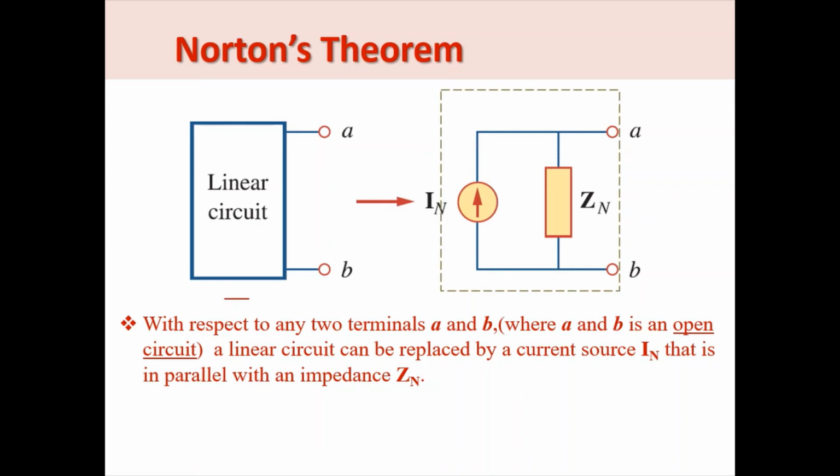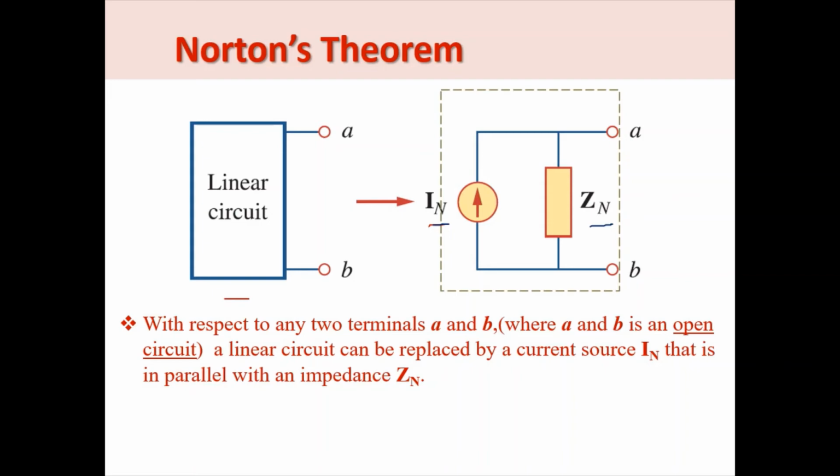So it is a current source that is in parallel with an impedance. This parallel combination therefore represents the linear circuit with respect to the open terminals.